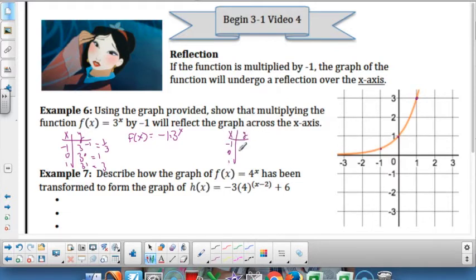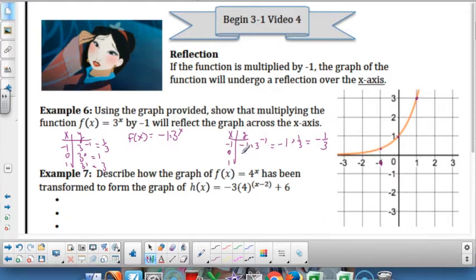I'm going to plug in those same numbers, but this time when I plug in a -1, I'm going to have -1 times 3 to the -1. Well, remember, you do your exponents first, then you multiply. So what I end up with is -1 times 1/3, and -1 times 1/3 is -1/3. So at -1, I'm going down here to -1/3.